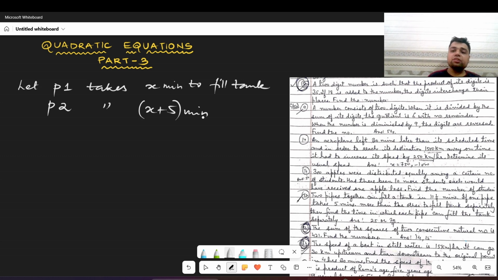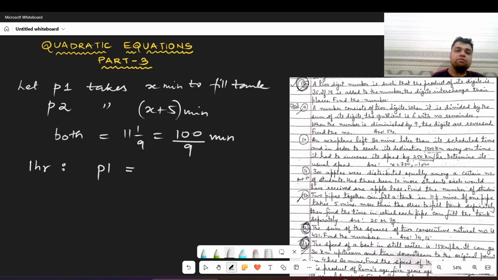Now it is saying that both can fill a tank in 11 1 by 9 minutes. So that means both can fill in 11 1 by 9, which is 100 by 9 minutes.